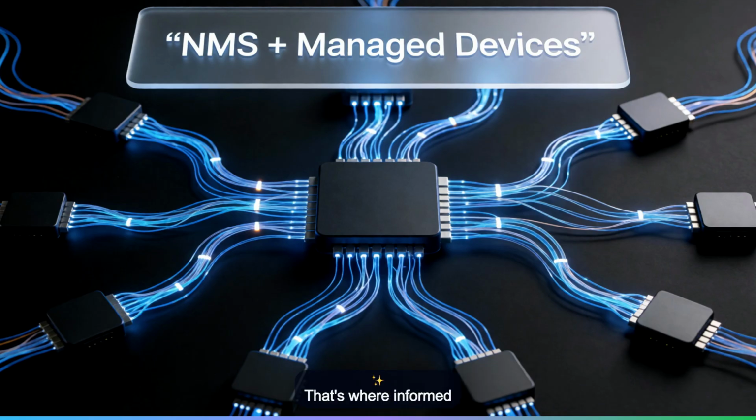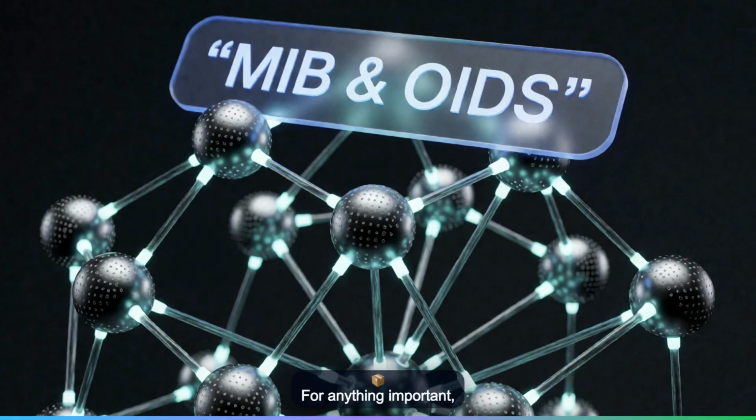That's where inform messages come in. They work exactly like traps, but the NMS acknowledges receipt with a response. If the managed device doesn't get that acknowledgement, it retransmits the inform. For anything important, an interface going down is definitely something you need to know about. Informs are the way to go.